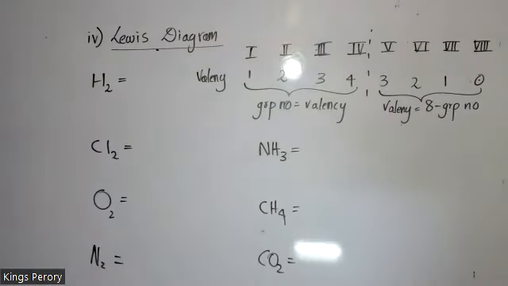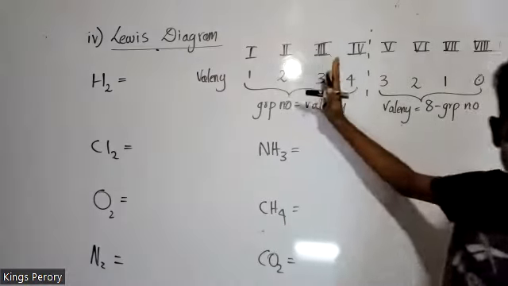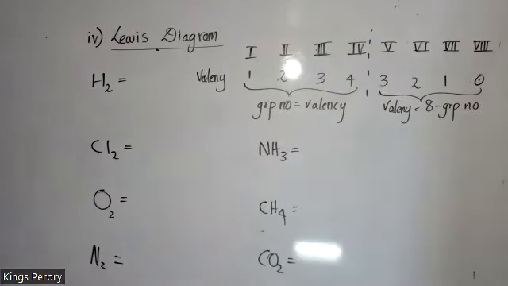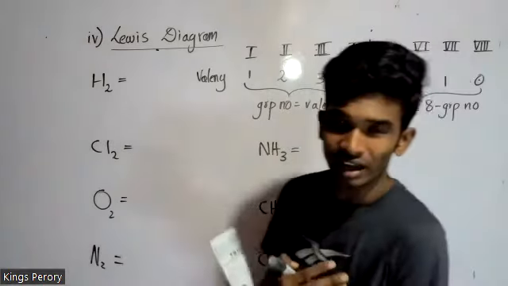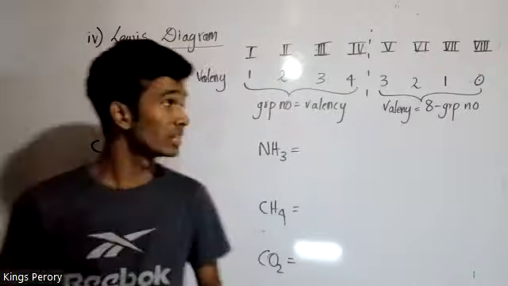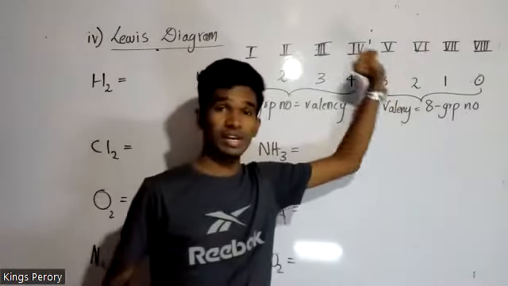Aluminium is group 3, then valency is 3, very good. Now you all can tell the valency of any element using this method.